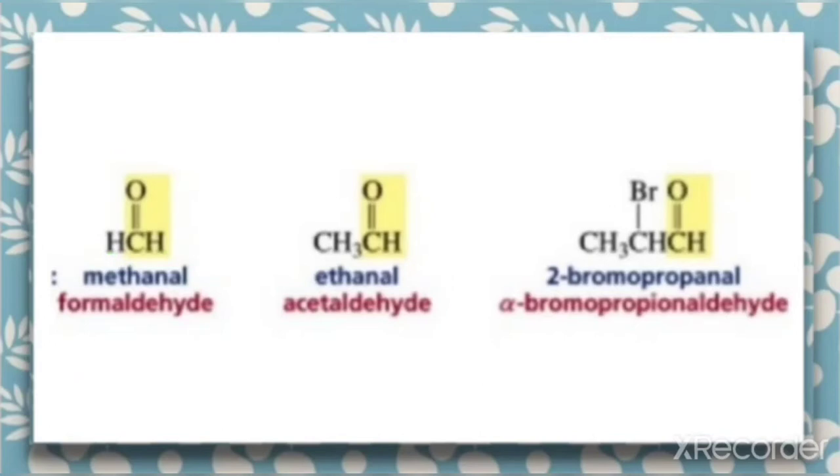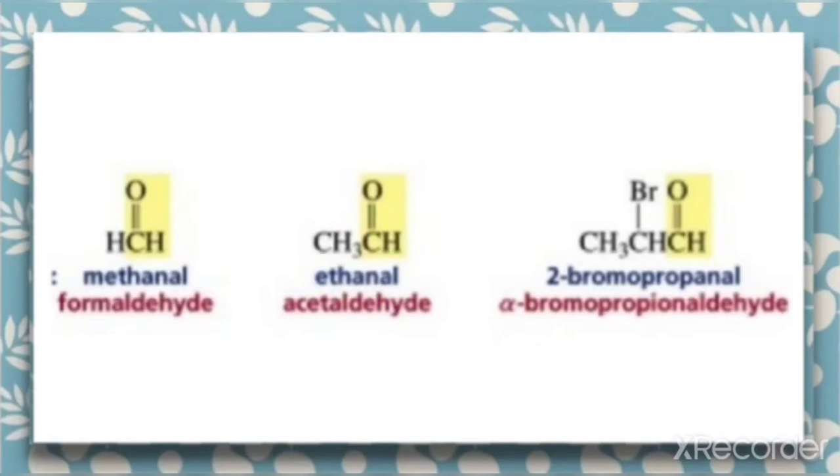Now in the second case, the aldehyde group is CHO, and there is an alkyl group, methyl. So the total number of carbons is 2, because the aldehyde group carbon should be included in the chain. Therefore its name is ethanal, where eth is the word root showing the number of carbon atoms in the main chain.